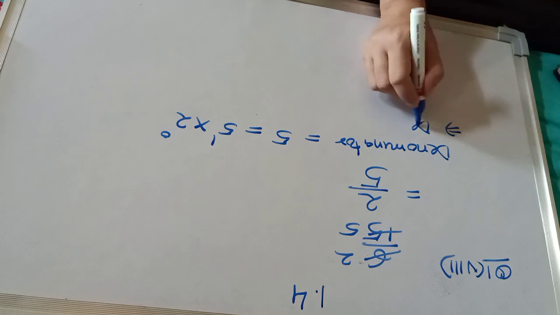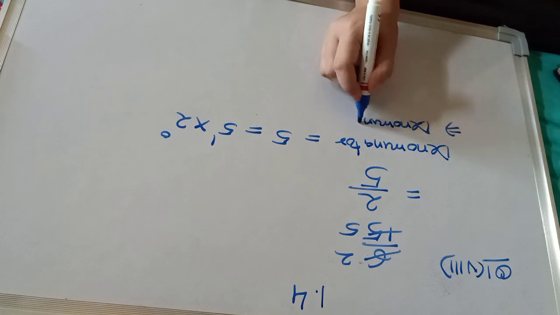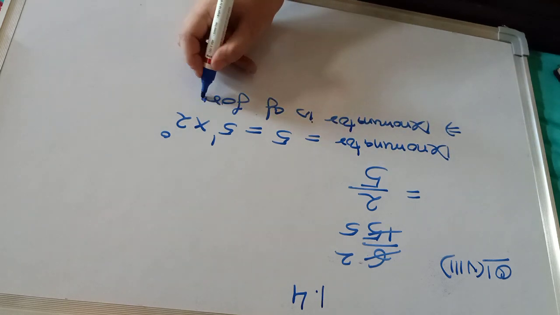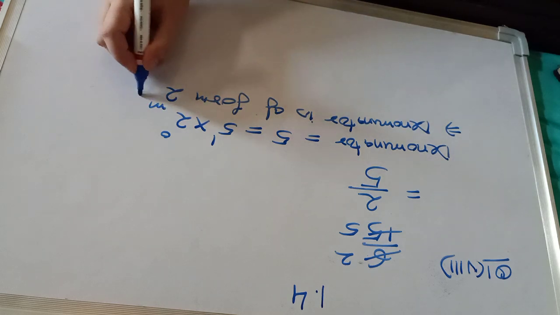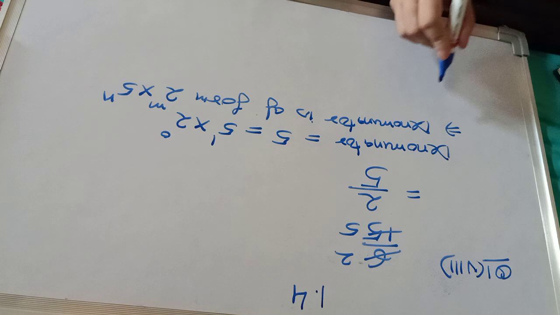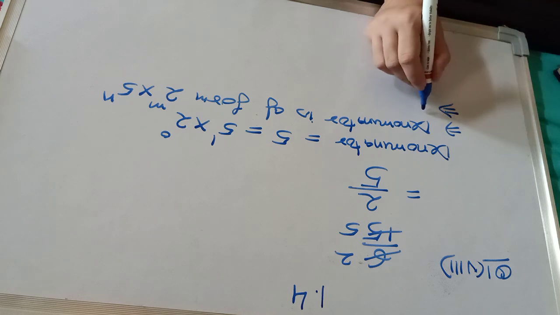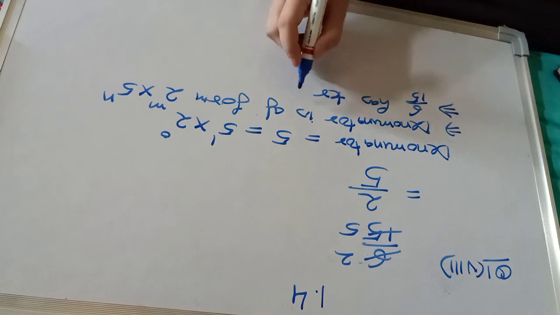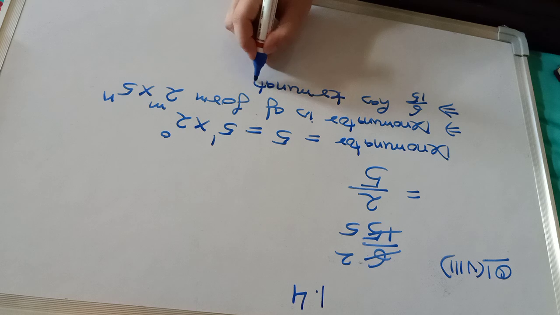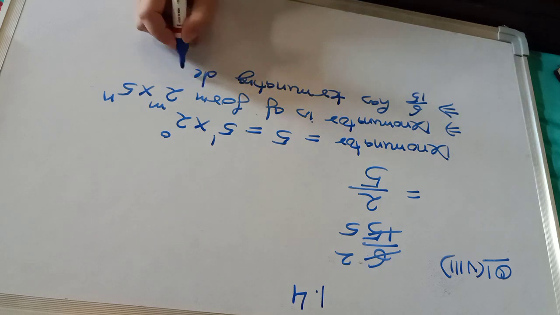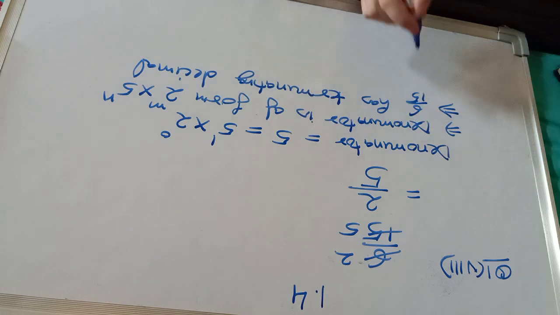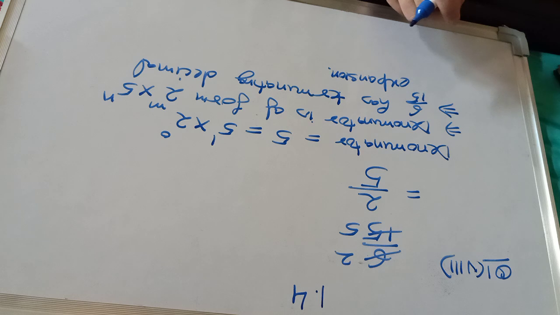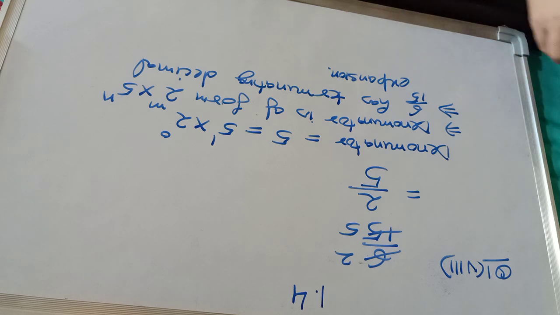Means the denominator is of the form 2 raised to power m and 5 raised to power n. It implies 6 by 15 has terminating decimal expansion.